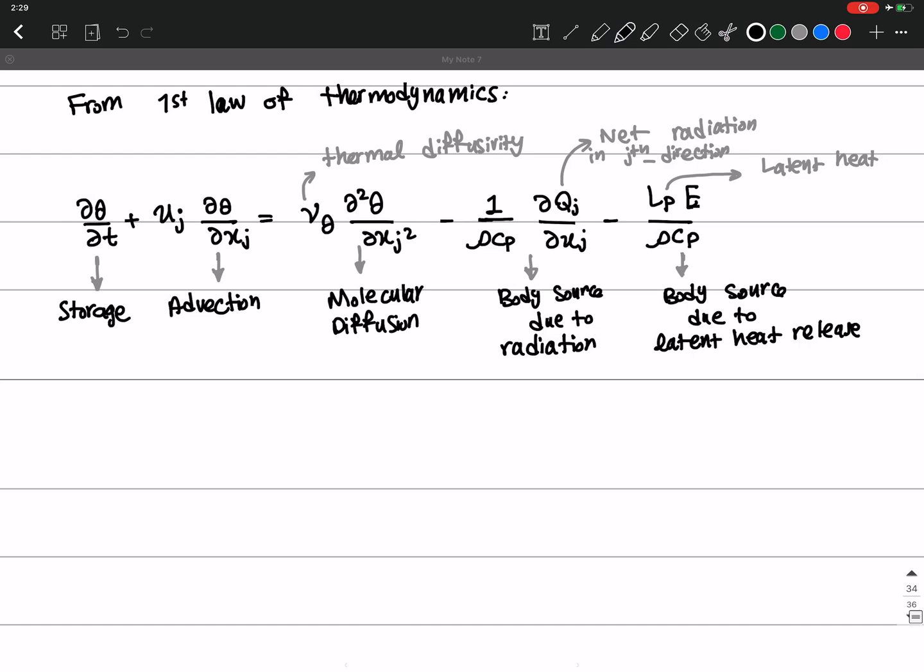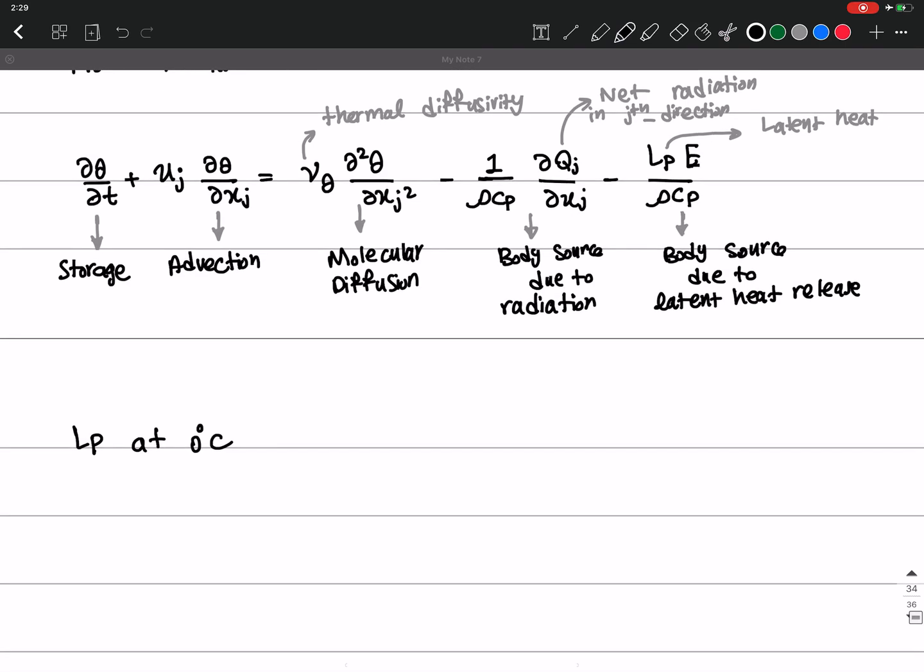And what is this LP? So LP, the latent heat release at 0 degrees Celsius. I can just give you some numbers. LV, when we have the gas to liquid change, it's going to be 2 times 10 to the 6 joule per kilogram. So it's a gas to liquid phase change.